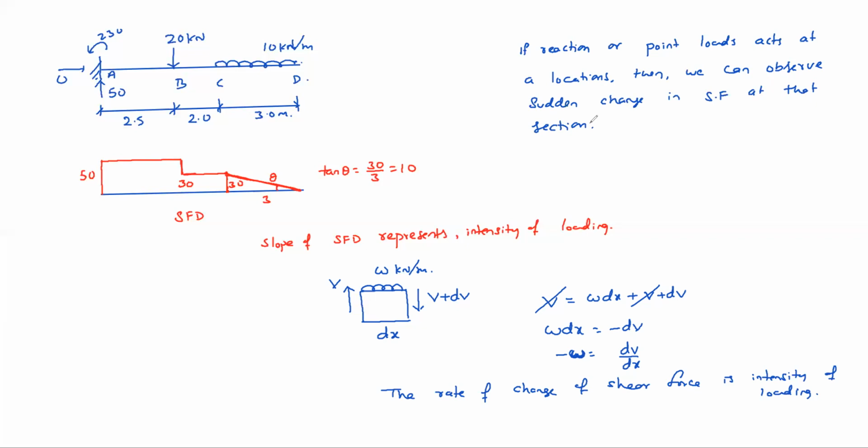Sometimes the loads may be uniformly varying. Then also you can draw the shear force diagram and moment diagram. First we are focusing on the shear force diagram only. Suppose you have a UDL like this, 10 kilonewton per meter, 3 meter, 2.5 meter.